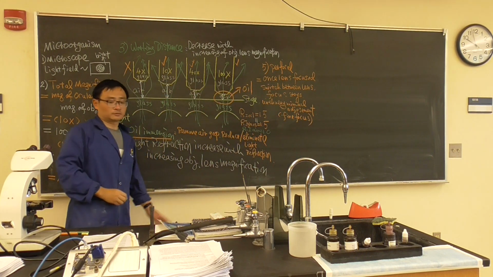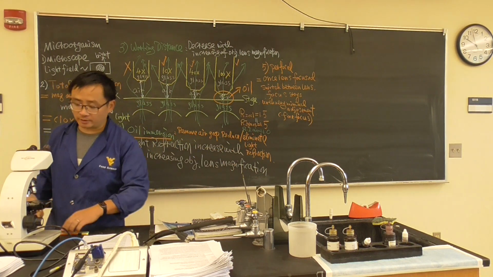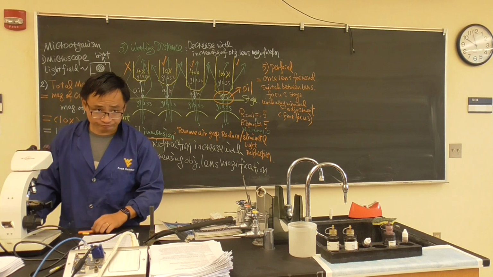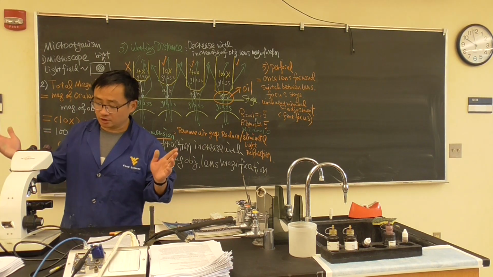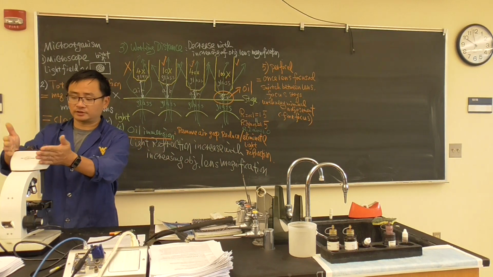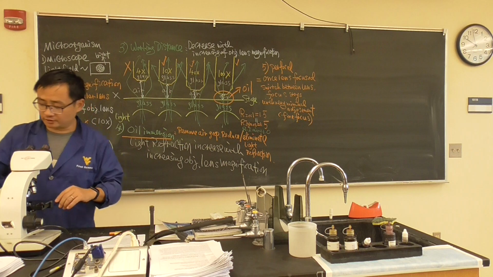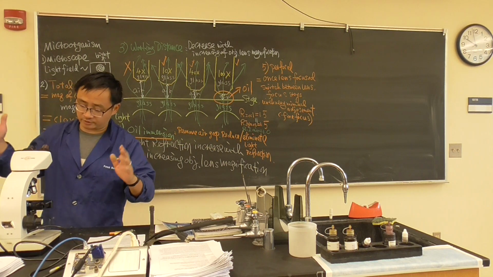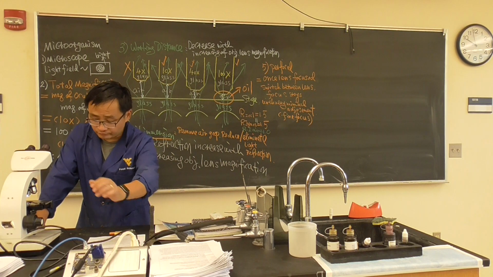Right here, we could go back to talk about the microscope structure. But there is one big thing remaining that we haven't mentioned. This is a light field microscope. $2,000, $3,000, $5,000, depends on the brand. First thing, you need to plug it in.